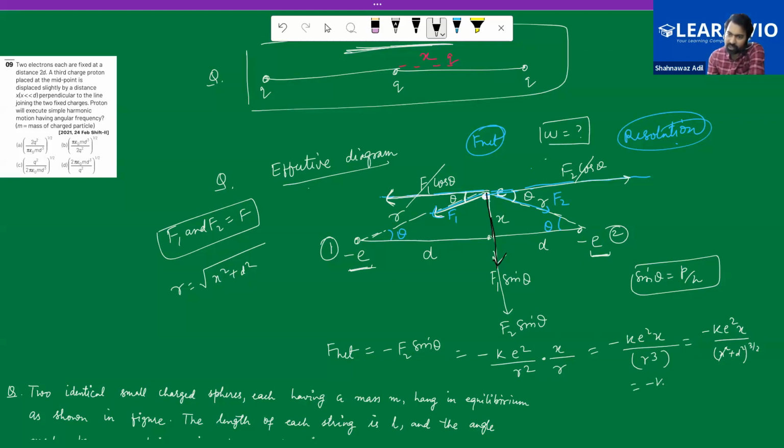So this is minus K e square X divided by d cube. So this is F net, and F net is directly proportional to minus X. So this will show what? A spring force, so this will show SHM, right?